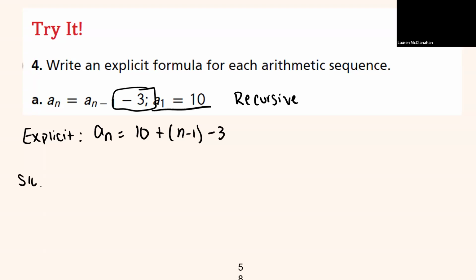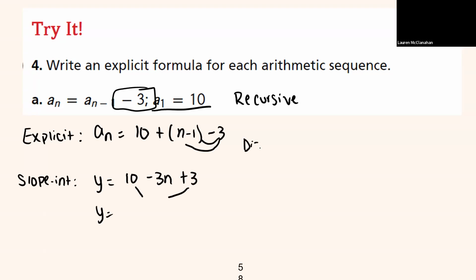Now we're going to write slope-intercept. Remember, you distribute your 3 to both things. So we have y equals 10 minus 3n plus 3. 2 negatives make a positive. And then we're going to combine like terms.